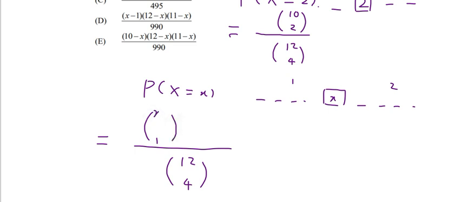It's x minus 1 numbers, so from these x minus 1 numbers pick 1. Then the other part is 12 minus x, and from those numbers we pick 2.